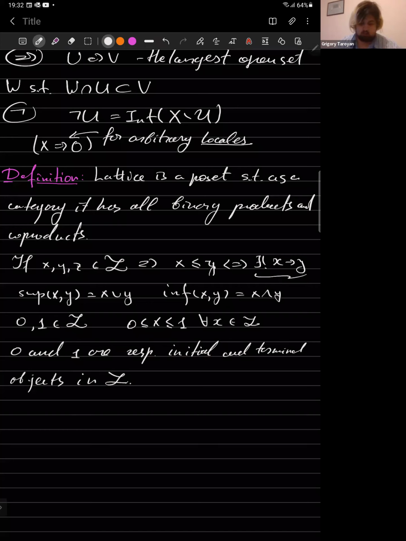So a lattice can be given explicitly as a set with operations. So we have equations like this, and one distributivity law.